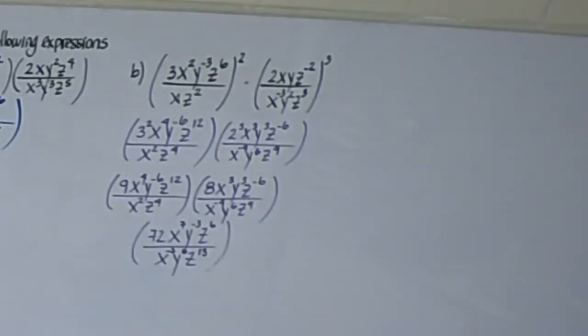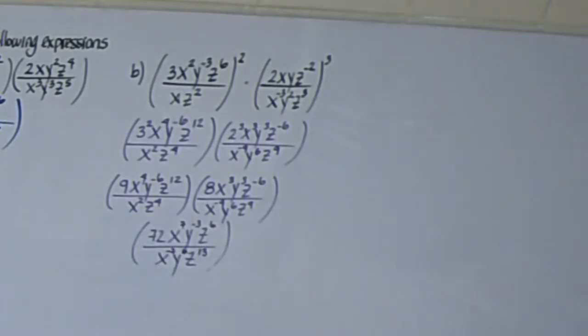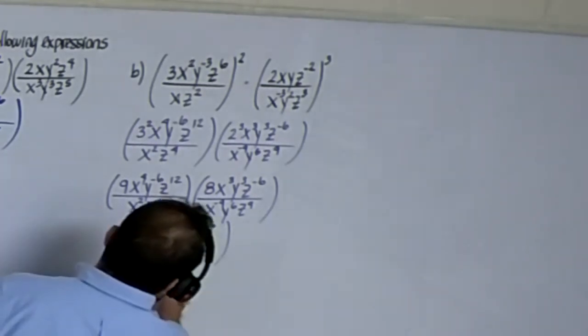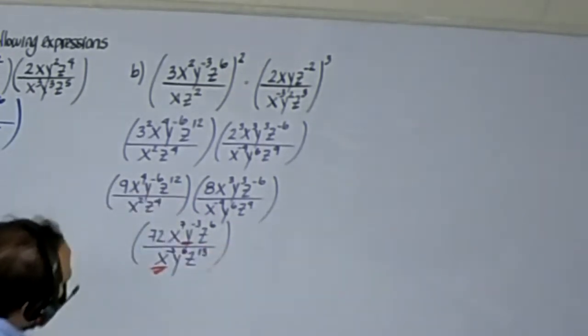Before we simplify this monomial, my dear students, we don't want to work with negative powers, so we're supposed to apply the negative power rule. I'm going to explain what that means. The bases that have negative powers are x to the negative 7 and y to the negative 3.